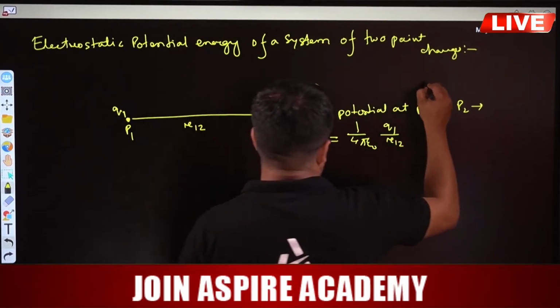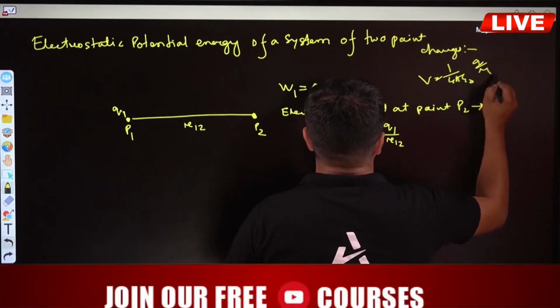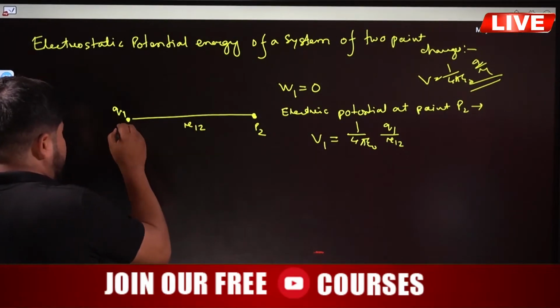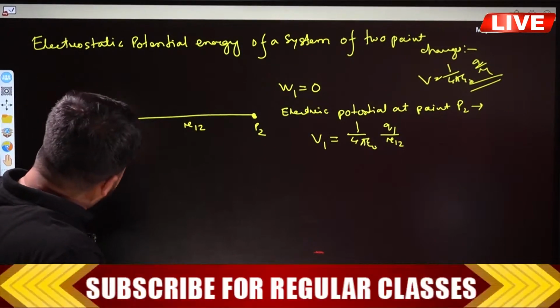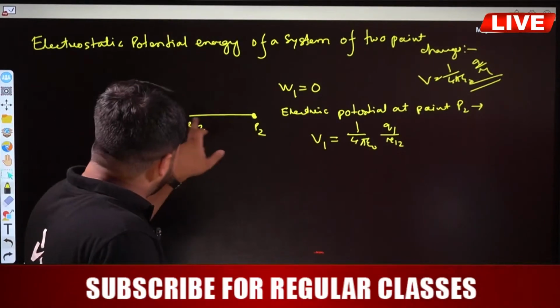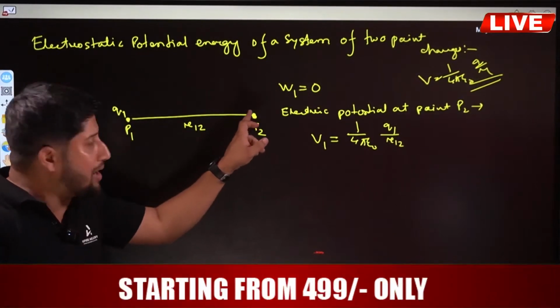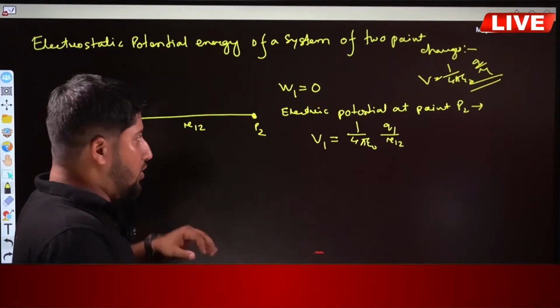But we know that V is equal to 1 by 4 pi epsilon naught Q by R. So this is the electric potential formula. Suppose at a particular point P1, we place a charge Q1. Another point P2, here the distance is R12.